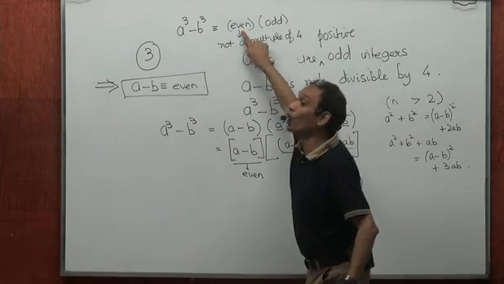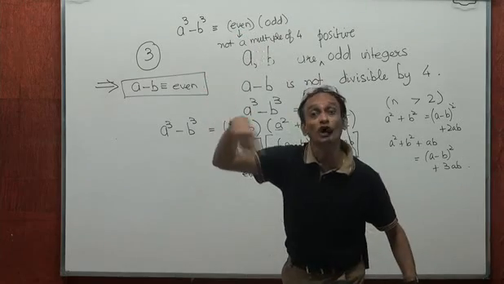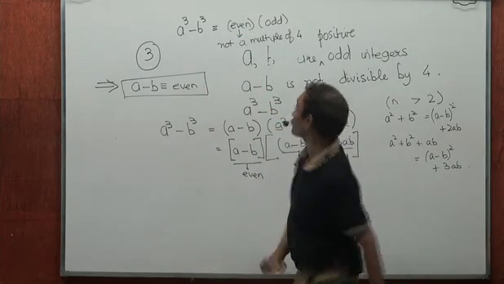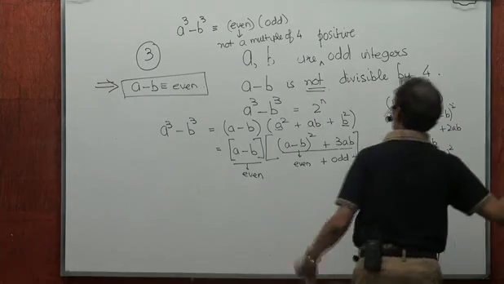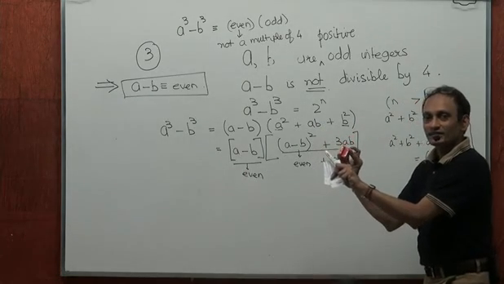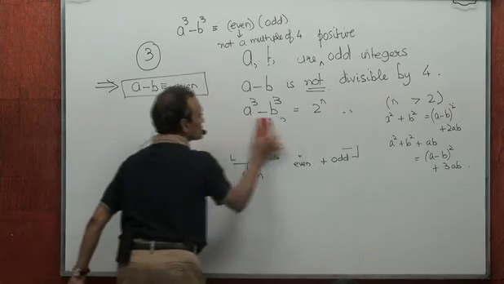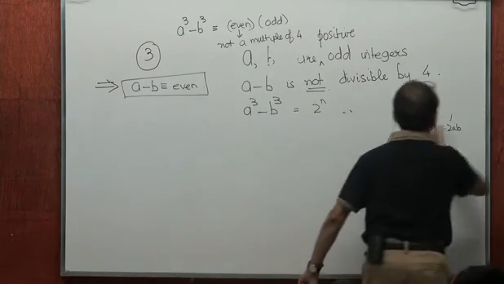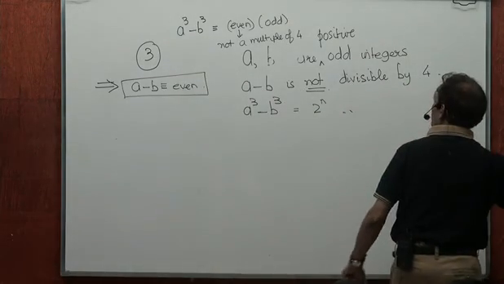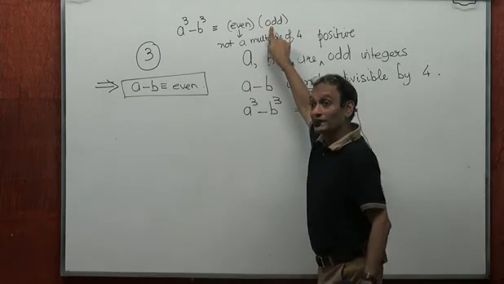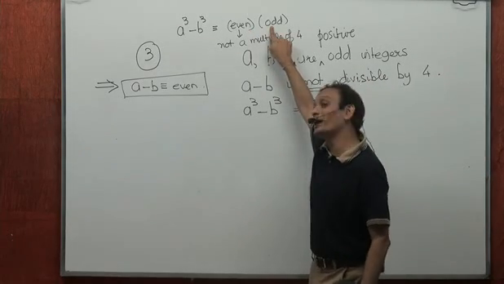It's even, but not of the form 4 into k. It's not divisible by 4. Okay. Now, so far so good, right? Now check this out. Which means this product, even though it will be even, it will not be a multiple of 4.